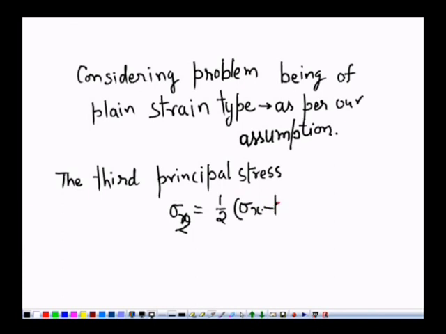We have already derived the expression: sigma 1 is equal to minus p, and sigma x is already taken here. So the third principal stress, sigma 2, is considered as half of the addition of these two, because here P is compressive, so it is a negative one.